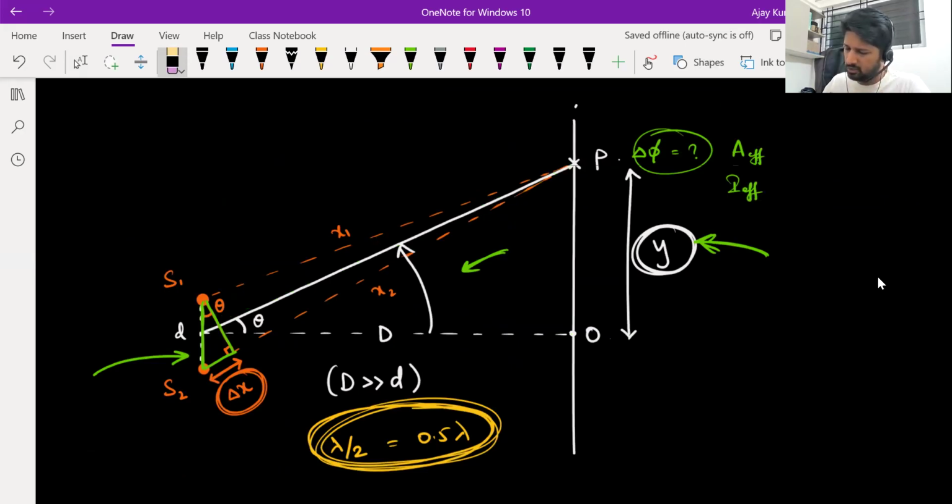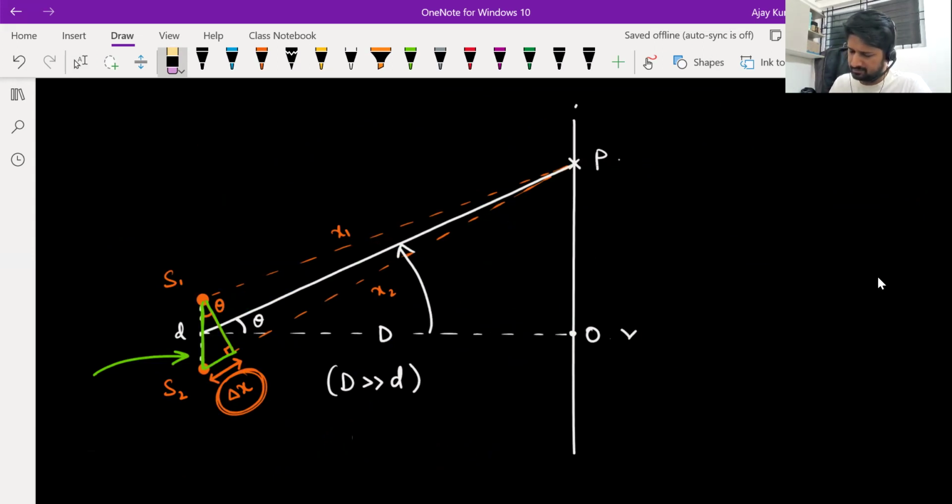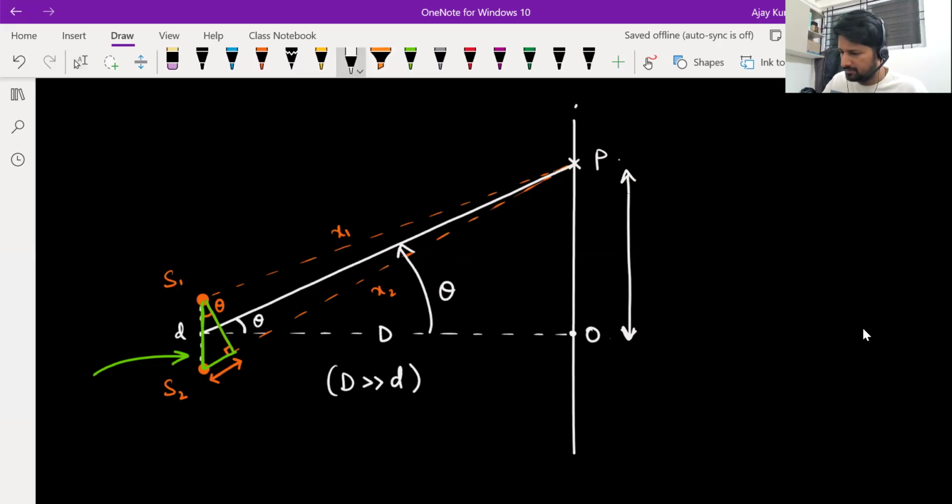Now see, we have marked a point P here on the screen, which is at a certain angle with the reference line. So theta is the angular position of P, and this distance is the y coordinate of P.